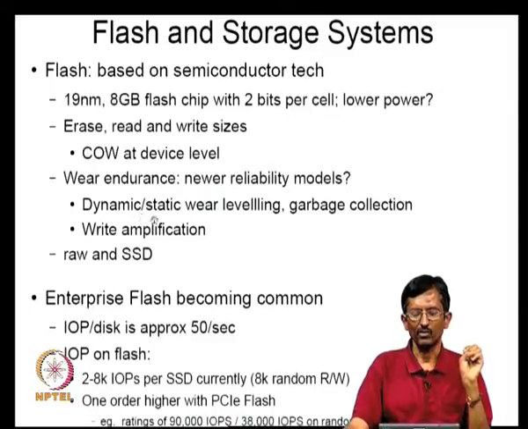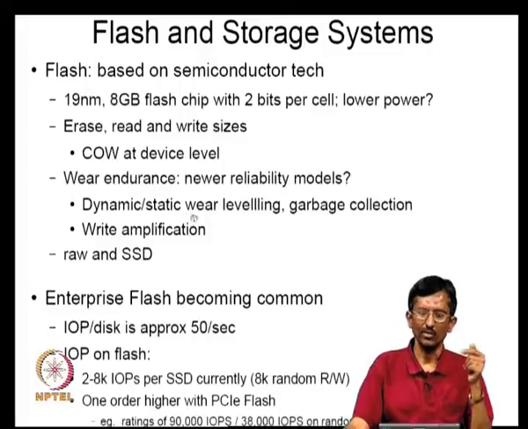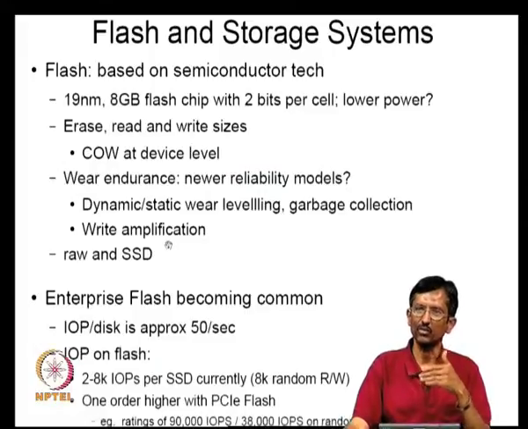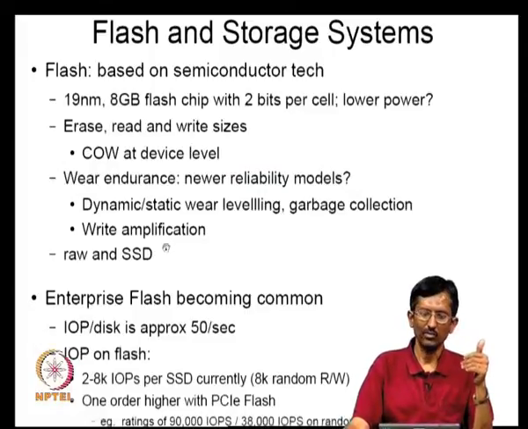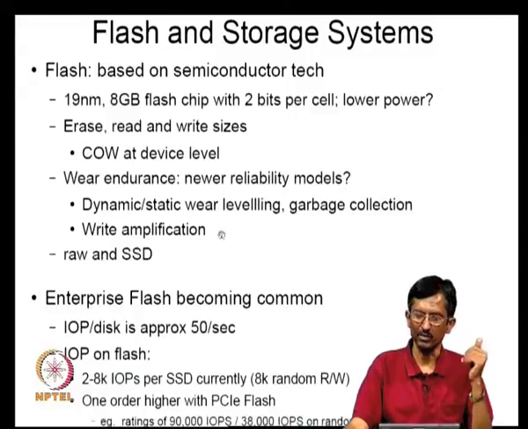And so, the issue about this is that anytime you do any wear leveling, you are also introducing new writes. So, there is something called write amplification that goes on. That is, for every write, possibly some other writes will come in the picture later, because you want to do the leveling. So, this write amplification is an issue. You want to make sure that this does not become big.